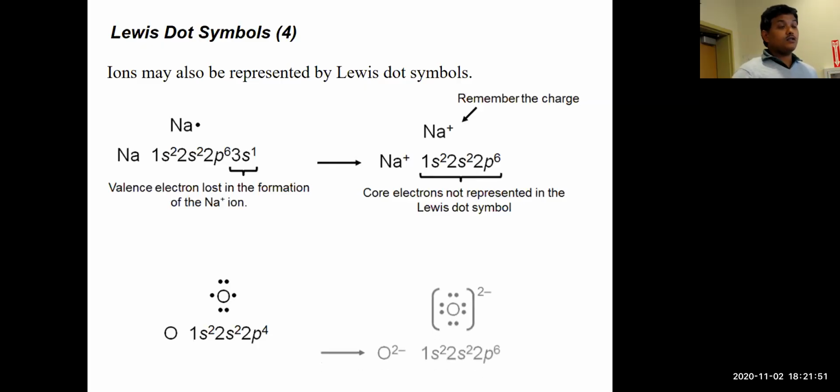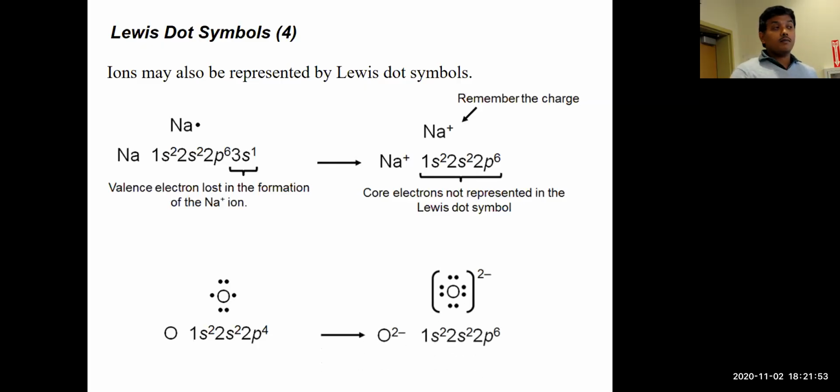So it gains 2 more electrons to form an anion. Whenever anions gain extra electrons, you need to put them in a bracket and write the charge on top of it like that. So here you include a bracket, and you put a total of 8 electrons because it gained an extra 2 electrons, converted from 2p4 to 2p6. So that's why the charge is -2.